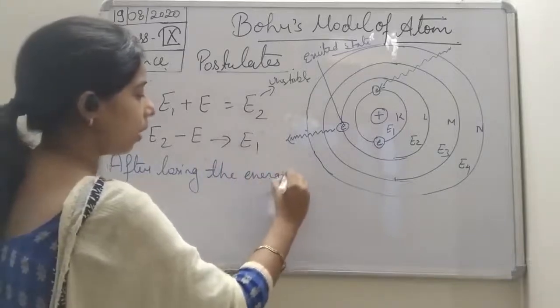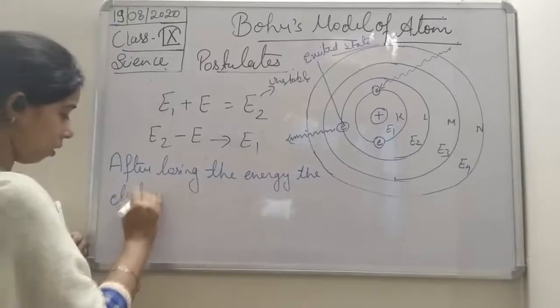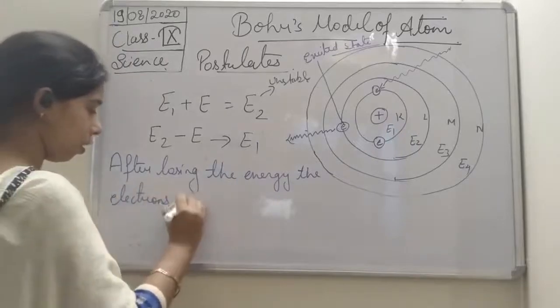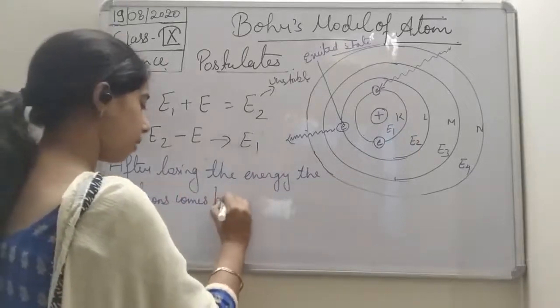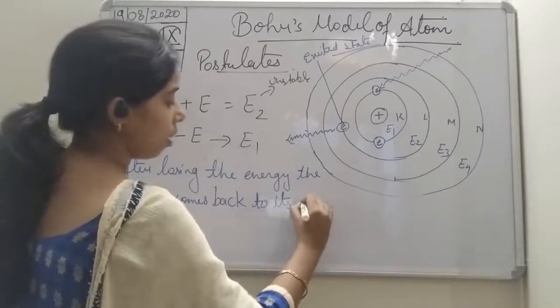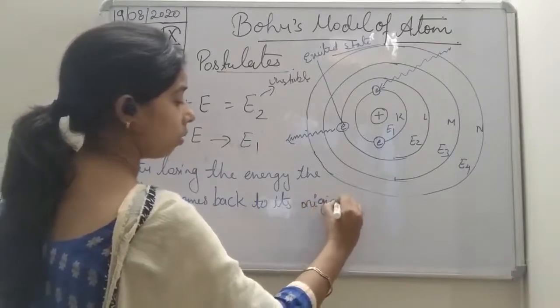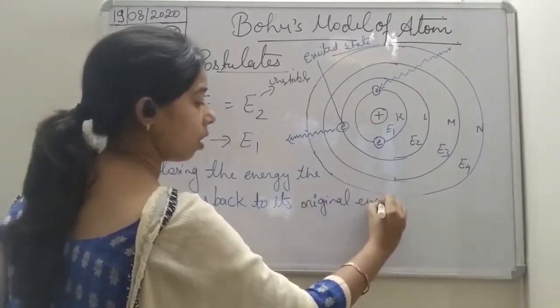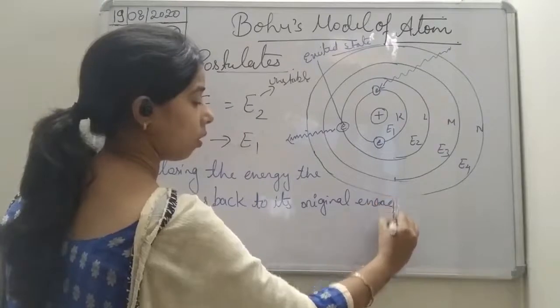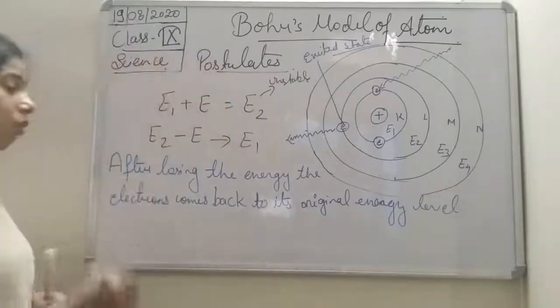So finally, after losing the energy, the electron comes back to its original energy level or shell. Why is it so?